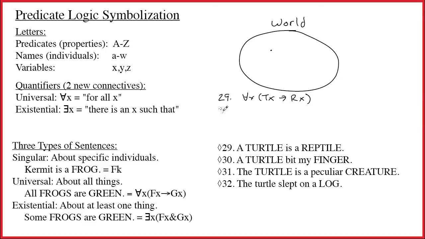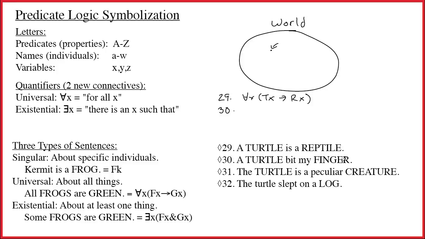But contrast that with number 30. A turtle bit my finger. Is that singular, universal, or existential? Well, it's clearly not universal, right? I'm not saying all turtles bit my finger. But is it singular or existential? Think about the difference. If it's existential, then all I'm saying is, well, there was at least one turtle that bit my finger. But if it's singular, well, then I can point to it and I can say, well, see, it was that damn turtle right there that bit my finger.